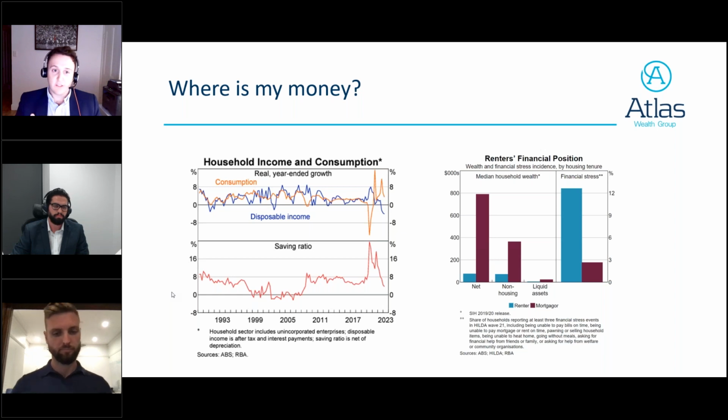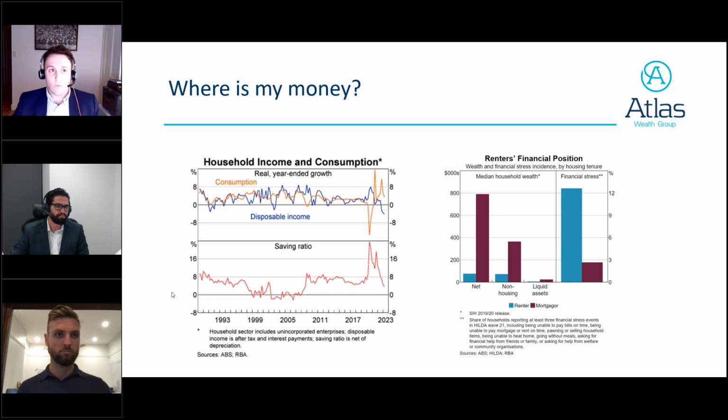And if you look at the definition, financial stress may mean going without a meal, missing out on meals, or seeking out financial help from friends or family. But what that's showing us is it's not just people with mortgages that have had to deal with these increases in interest rates, but also people who are renting, because ultimately the rent has increased from the tenants, which we'll get to in a sec. So they're also feeling this housing pinch around interest rates and rising rents.